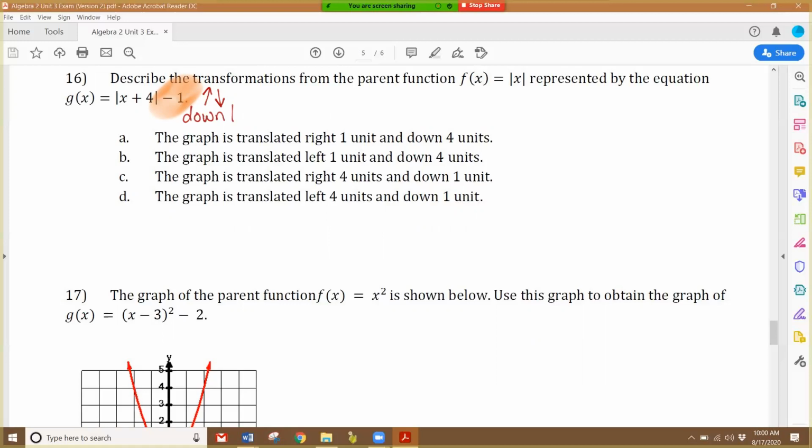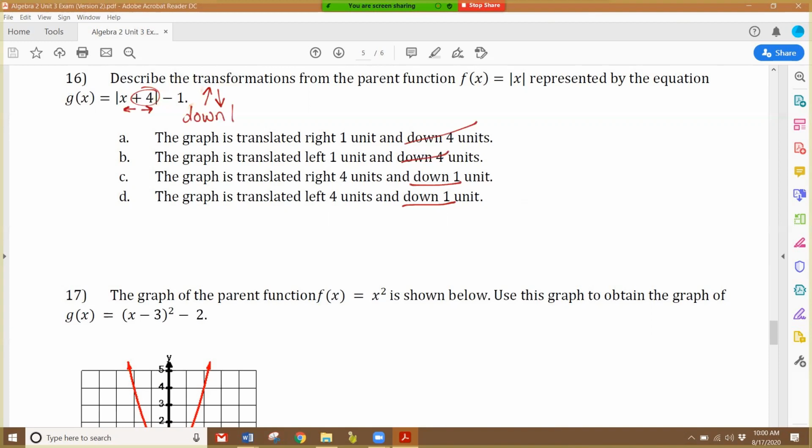So at this point, I actually know that this one's wrong and this one's wrong, because these two both have down 1 in them. I know I got a 50-50 shot of it being C or D. But I'm going to take that further. I'm not going to guess. And I'm going to determine this +4 going to tell me left or right. Since it's inside, inside's always opposite of the sign.